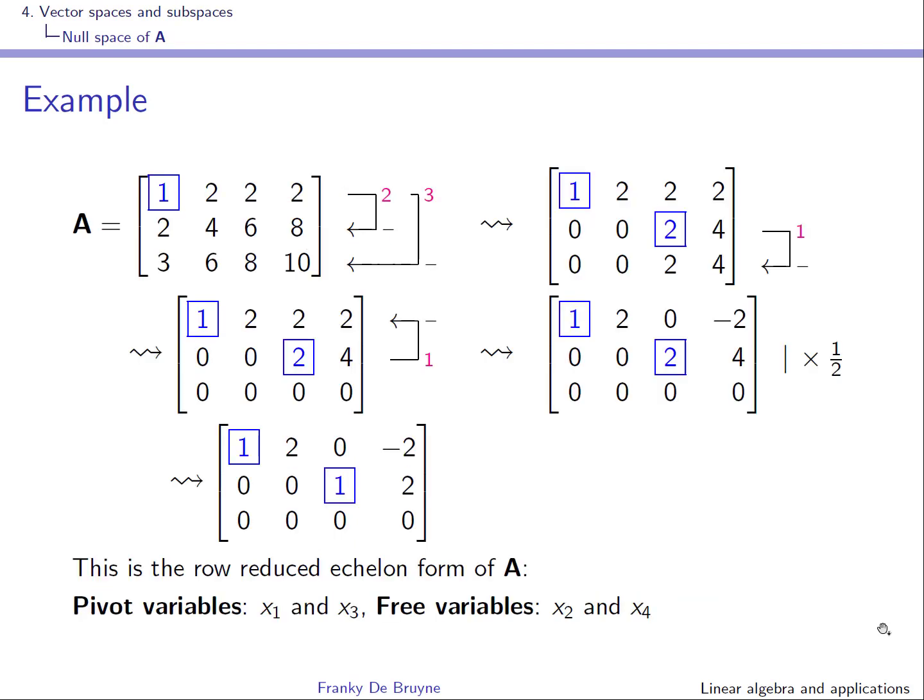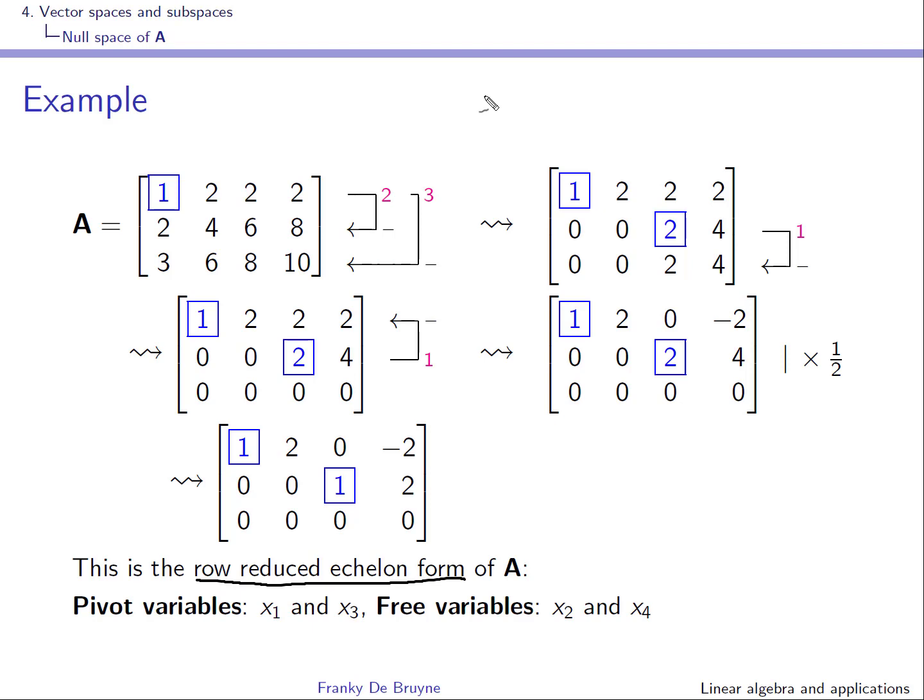Well, let's take a little bit more complicated example. So the idea is to compute the null space of this matrix, and we'll first bring it to the so-called row reduced echelon form. And this is something that we have been doing for square matrices when we were computing the inverses, right?